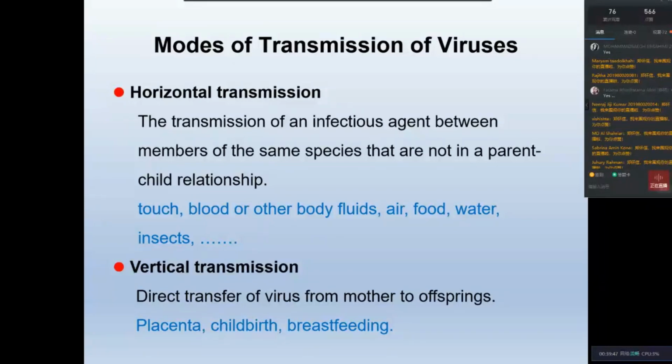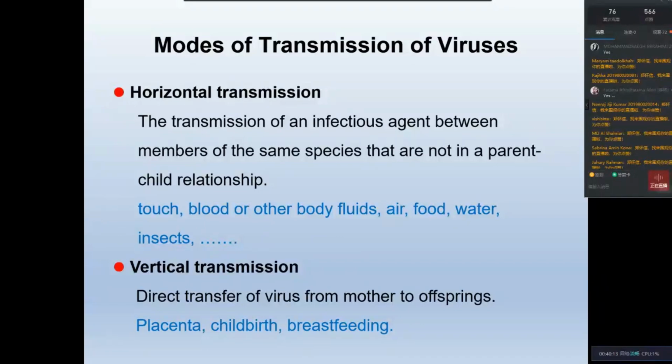And for the coronavirus, we know it's horizontal transmission. It's debatable whether there is some vertical transmission, because there are some reports that some newborns are infected. They worry that there might be vertical transmission from the mom to the baby.